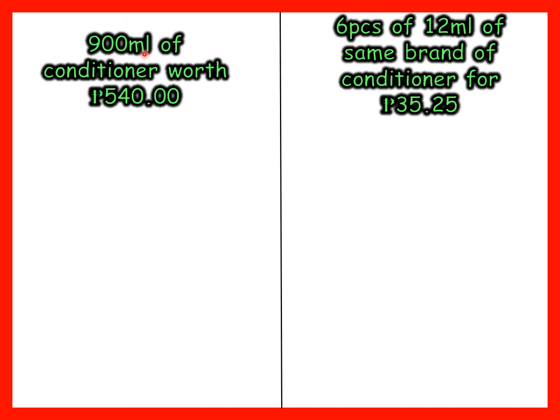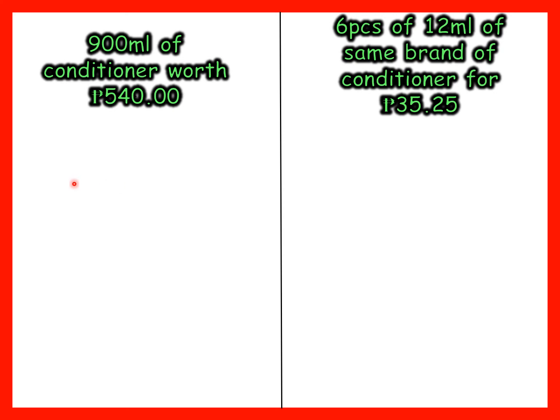So let us write a proportion for this. That is 900 ml is to 540 pesos equals 1 ml is to x. So the purpose of this again is to find the cost for 1 ml so that we can compare.